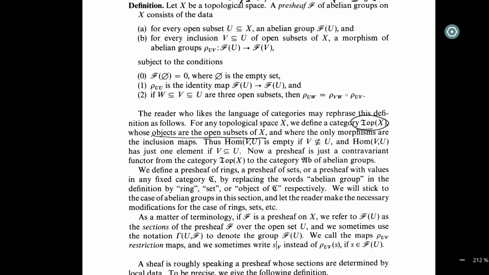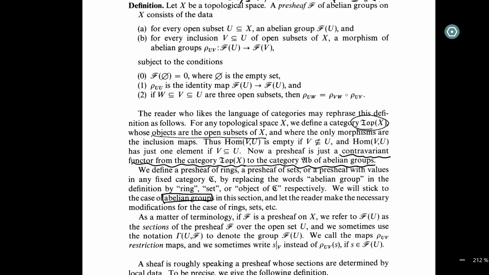So now a presheaf is just a contravariant functor from the category of open subsets of X to the category of abelian groups.